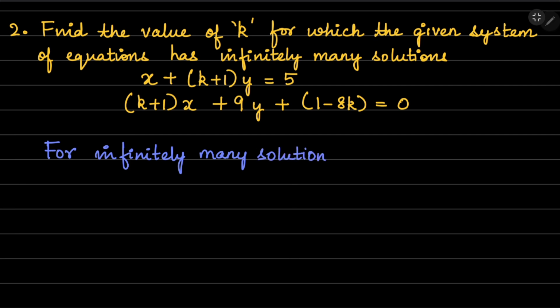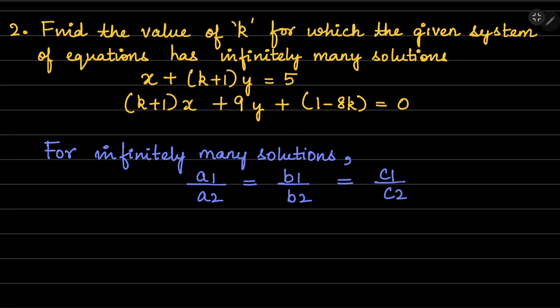The pair of equations will have many pairs of x and y which will fit both the equations. That is what is meant by solution. So for infinitely many solutions, the three ratios, that is A1 by A2 is equal to B1 by B2, and this is also equal to C1 by C2.